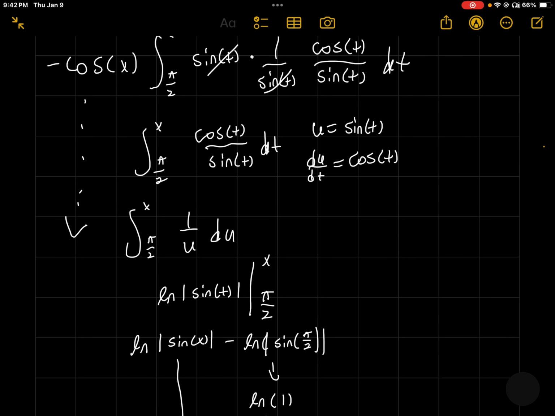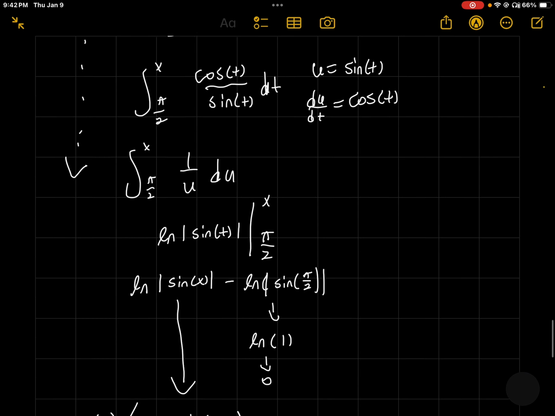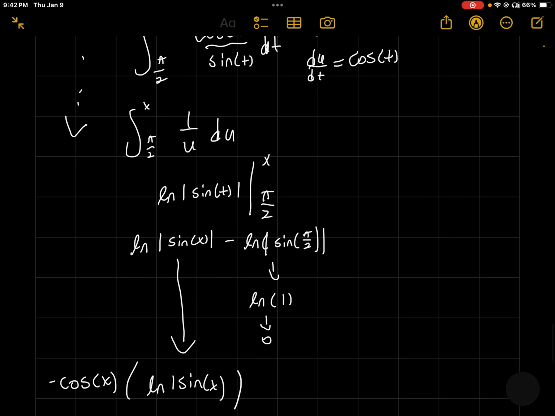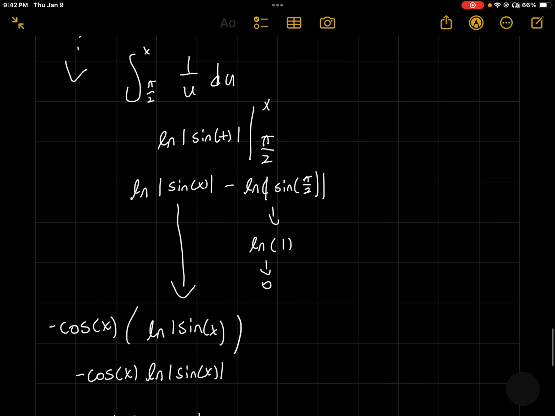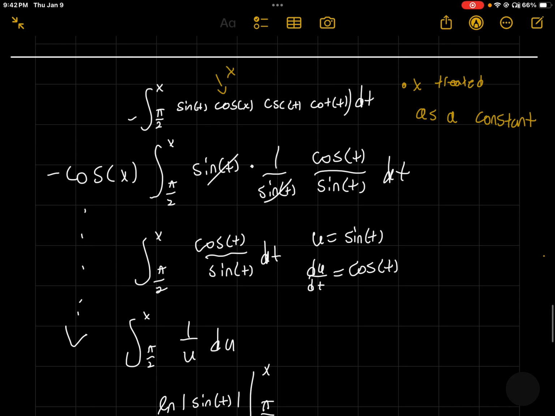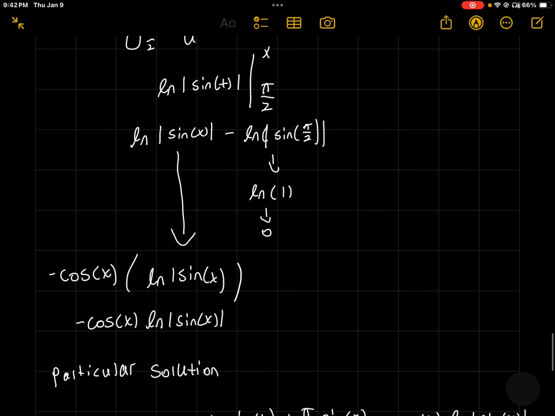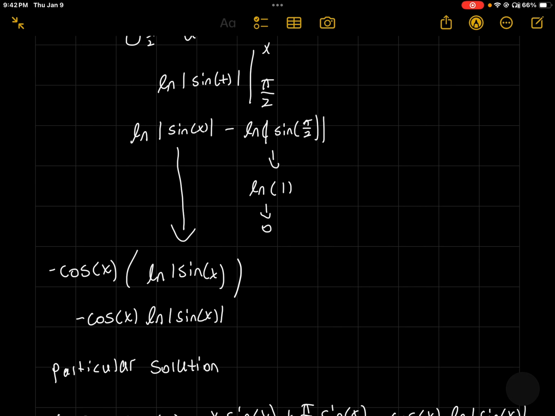I plugged in the bounds, and I got natural log of sine of x minus natural log of sine of pi over 2, where we know sine of pi over 2 is equal to 1, and natural log of 1 is equal to 0. I just don't forget the negative cosine of x. We bring that down and multiply it, and we get negative cosine times natural log of sine of x.